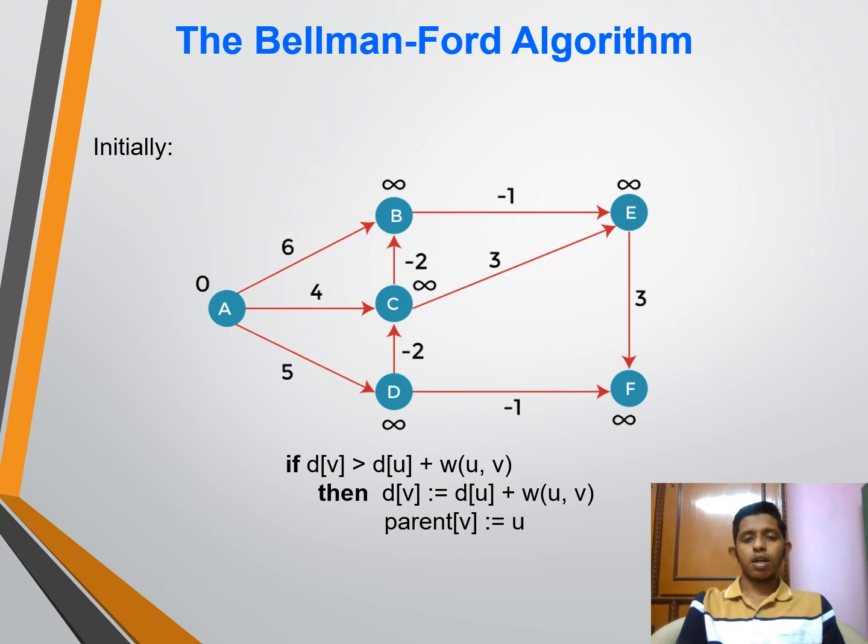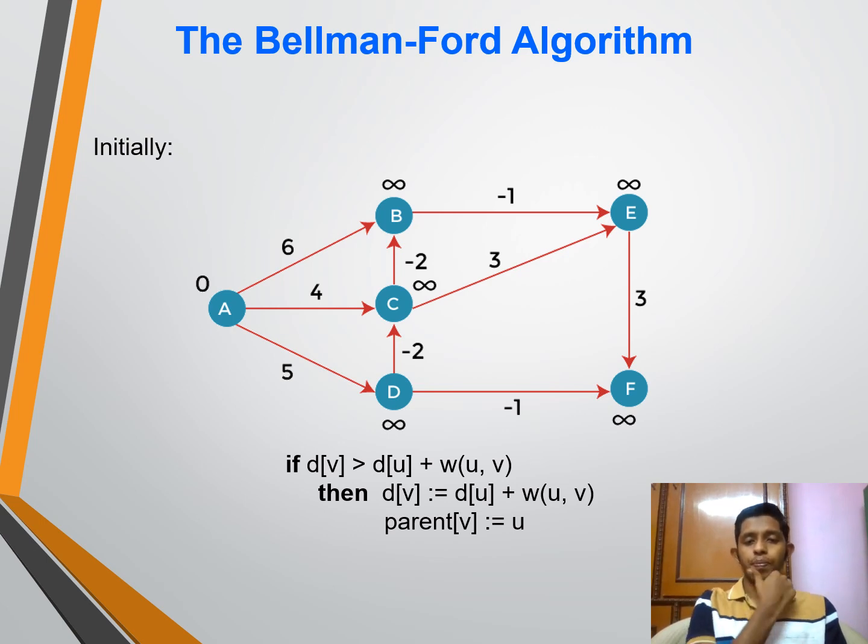Initially the value of each vertex is considered as infinity except the source vertex. So whenever the parent value plus the cost between two vertices is less than the vertex value, then the vertex value is changed.